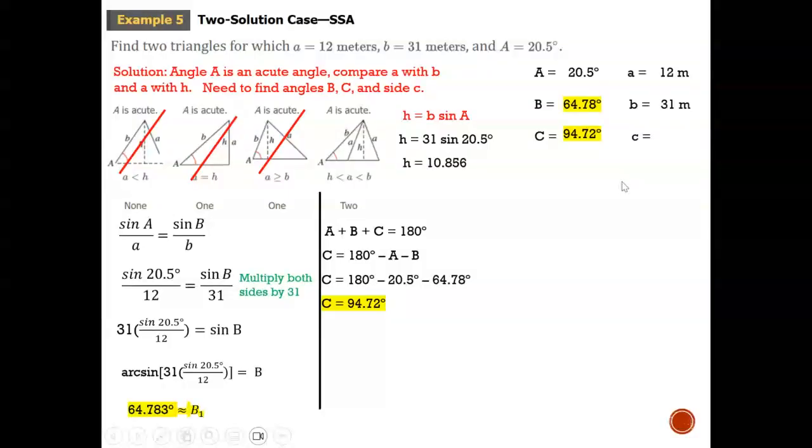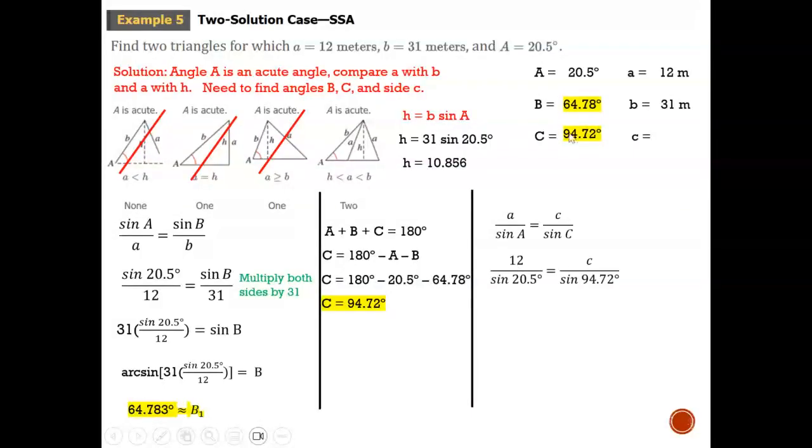Okay, now to solve for side C, we use a reciprocal of what we use for the angle. So it's going to be A over sine of A equals C over sine of C. Let's plug in the values. My A is 12. My angle A is 20.5, so it's going to be over sine of 20.5. We're looking for side C, or little c, and angle C is 94.72.